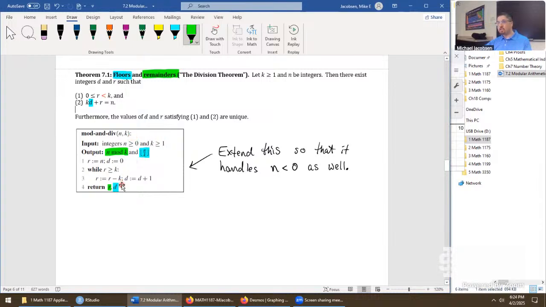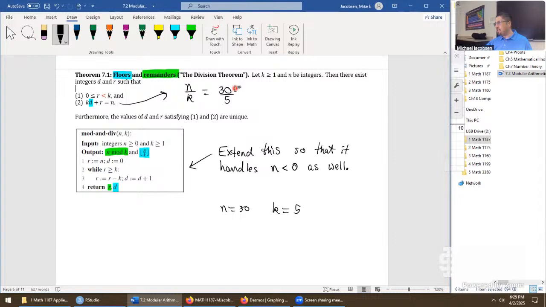What we do is we subtract k. Recall this problem is really about n divided by k, so we would do this division, 30 divided by 5.